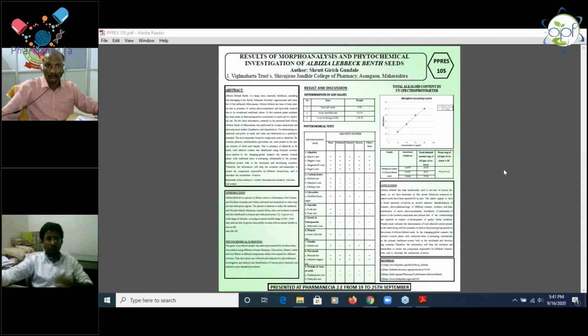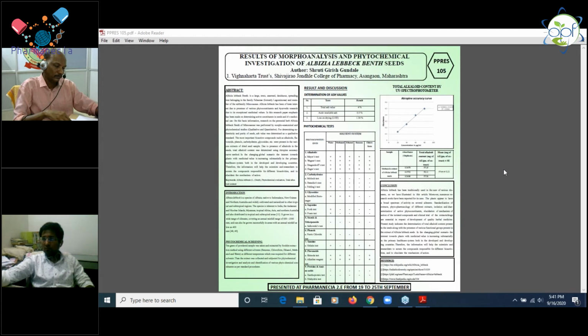Steroids and triterpenoids were completely absent. Phenols were detected by the ferric chloride test, which was positive in water but not in other solvents. Flavonoids were present in some systems and absent in others. In this way, we deduced which chemical constituents were present in Albizia lebbeck Benth seeds.